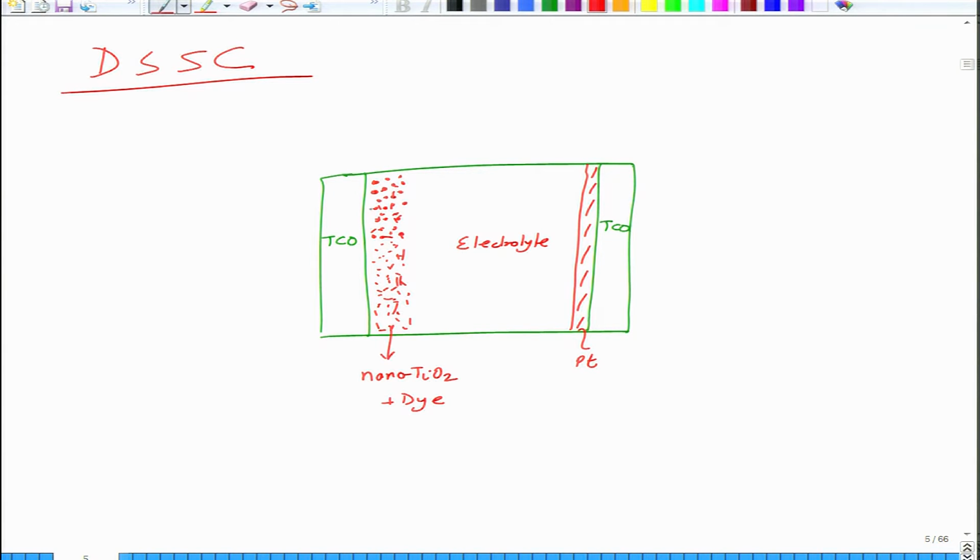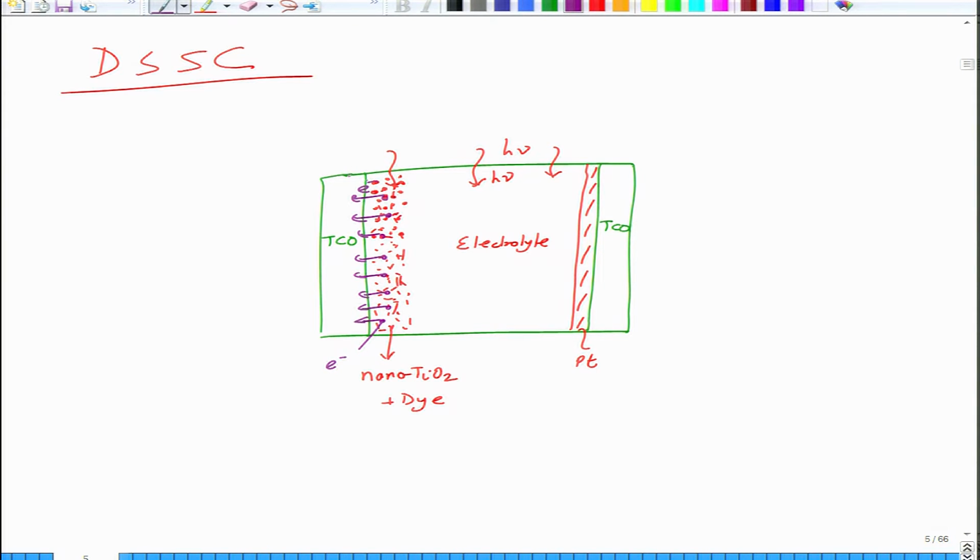So, essentially the light is absorbed, the electrons are produced, and these electrons are transported to this side.